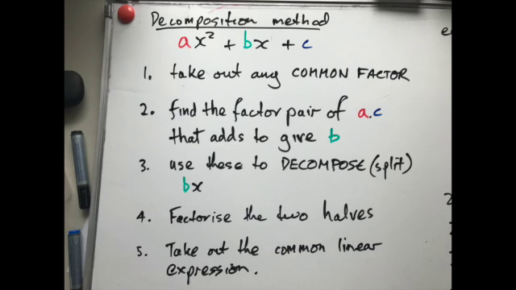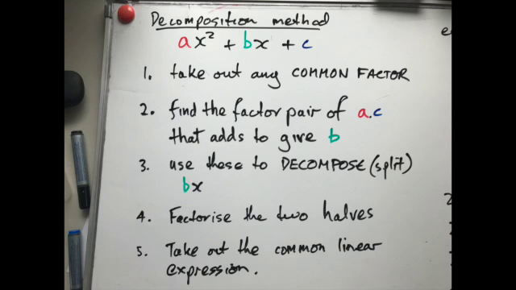But anyway, here is the summary of the decomposition method. It might be a good idea to write this down in your notes. The first step is to take out any common factor that is in the line. Secondly, find a factor pair of a times c, that is the number in front of x squared times the constant term at the end, and find the factor pair that will add to give you b.